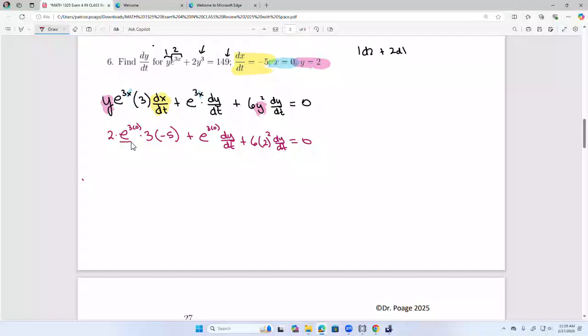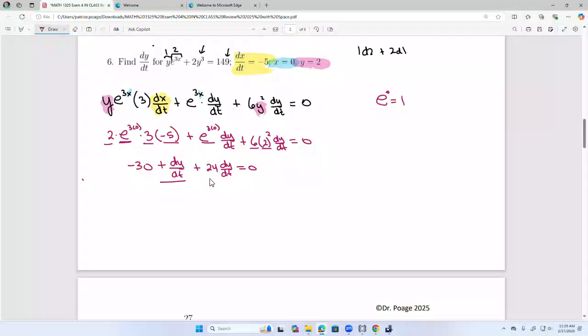So e to the 3 times 0, that's the same thing as e to the 0. And if you don't know what that is, you can type that in your calculator. That equals 1. So I have 2 times 1 is 2, times 3 is 6, times negative 5 is negative 30, plus 1 dy/dt, plus 6 times 4 is 24 dy/dt, equals 0.